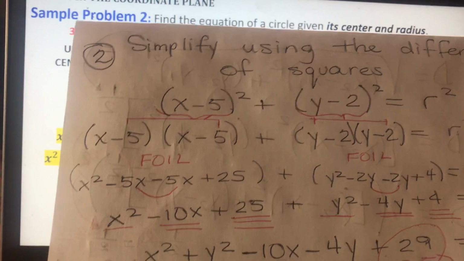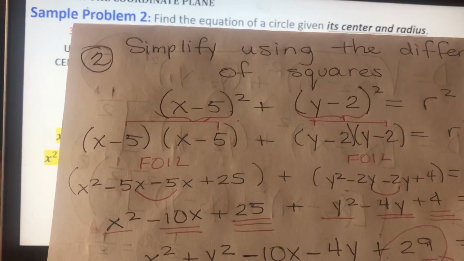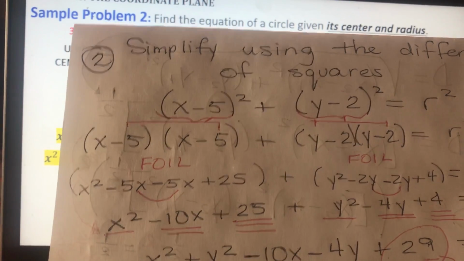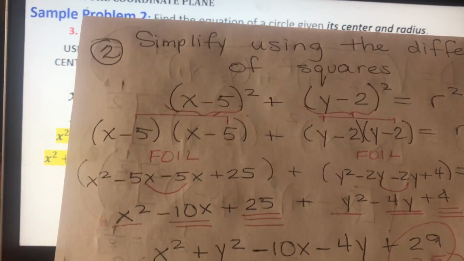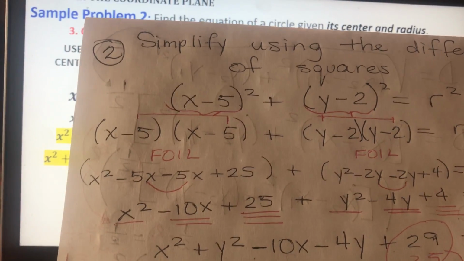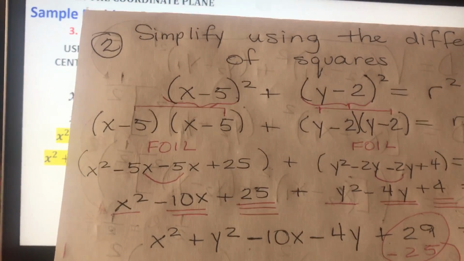Our inner terms, -5 times x, we get -5x. And then we multiply our last terms, -5 times -5, that's 25. So there we get x² - 10x + 25.